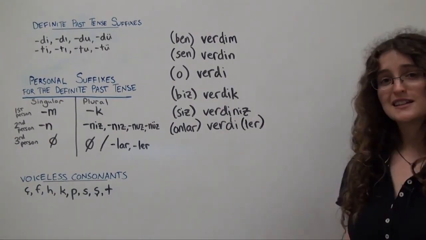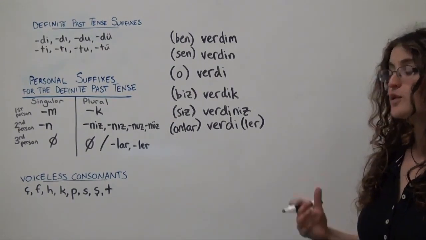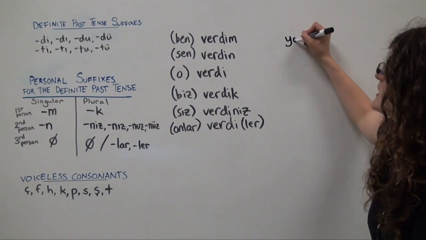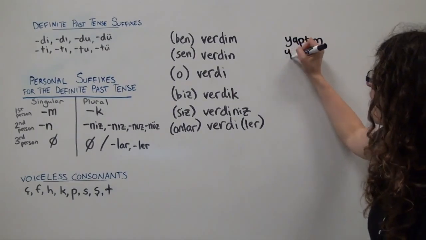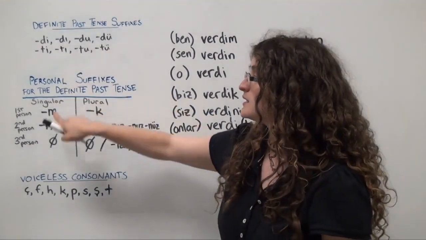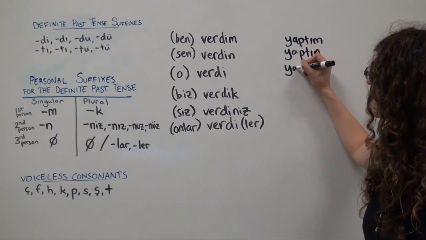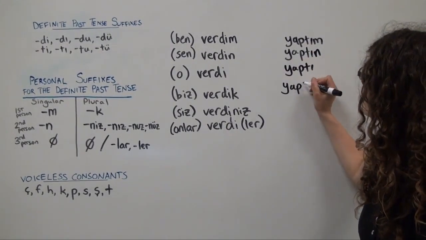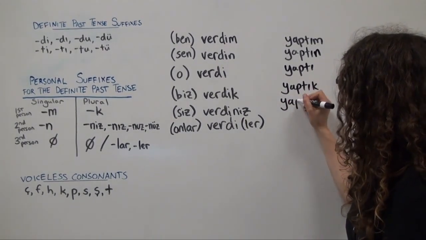Alright, let's go through our declension with yapmak as well, just to see what it looks like with one of our voiceless consonant stems. So, we saw ben yaptım, sen yaptın, o yaptı, biz yaptık, siz yaptınız.